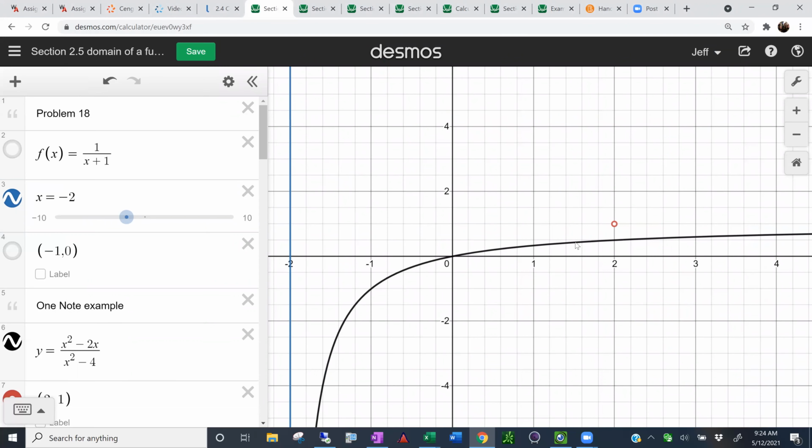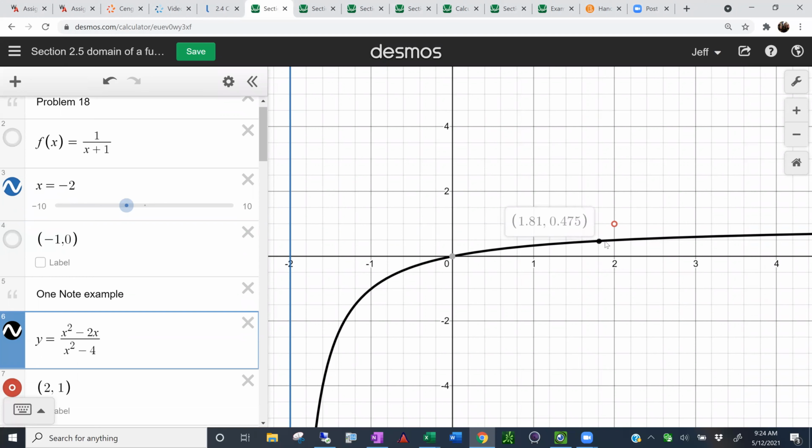Let me see if I can't trace this graph really carefully. There you go. Right at 2, the function is undefined. It jumps from where we think it should be all the way up to this point, 2 and 1.